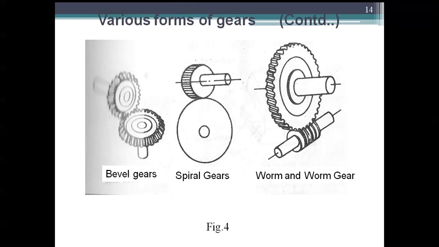The spiral gear is like a bevel gear but has inclined, skew, spiral teeth. And in a worm gear, the worm is used to rotate the gear. A worm is nothing but a rod having a spiral on it. So this is called worm and worm gears.